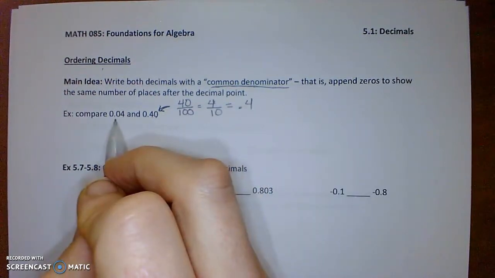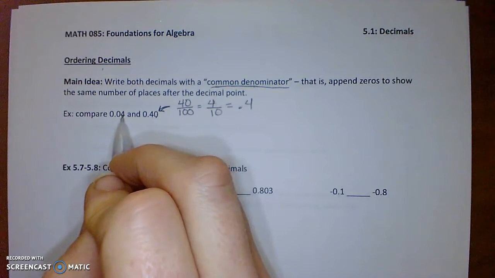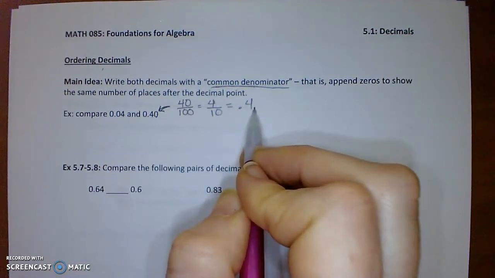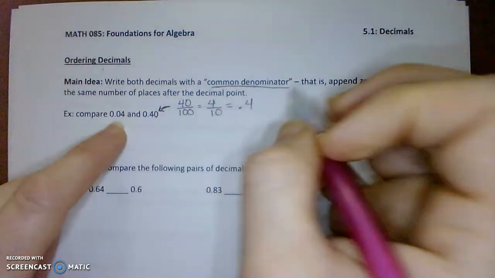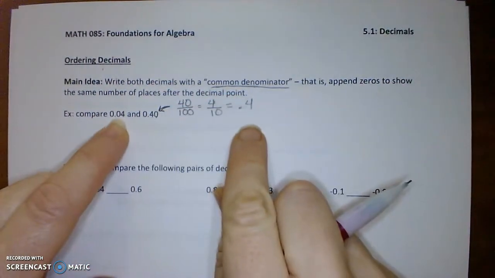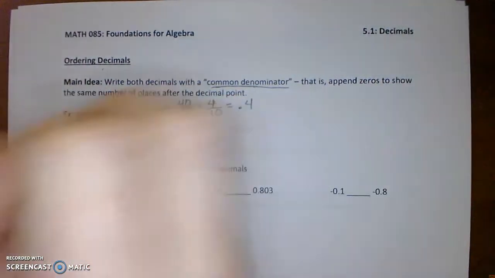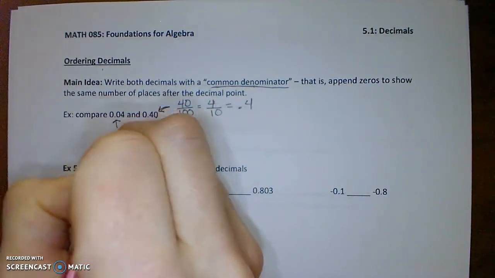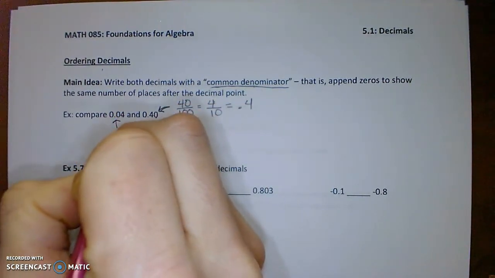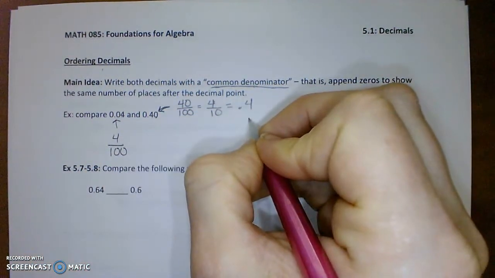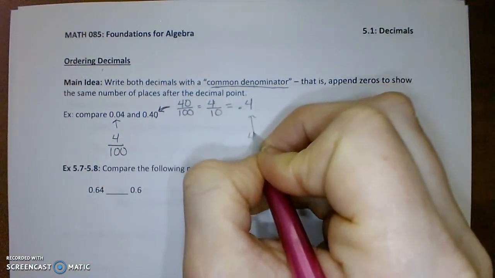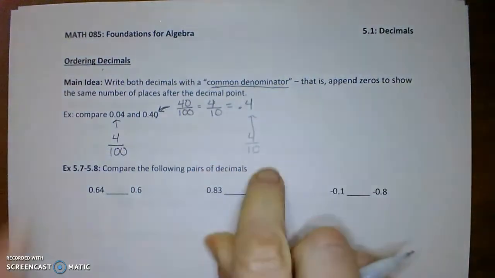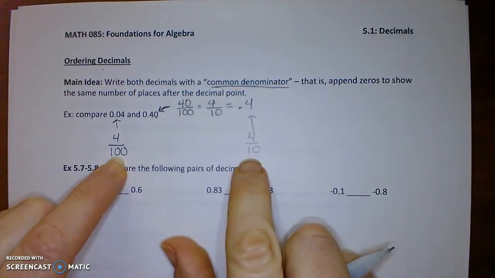So if I wanted to compare 0.04 and 0.4, what you would want to do is to make sure that the two numbers have a common denominator. So again, this number is 4 ending in the hundredths place, and this number here is 4 ending in the tenths place. Notice that their denominators are different.